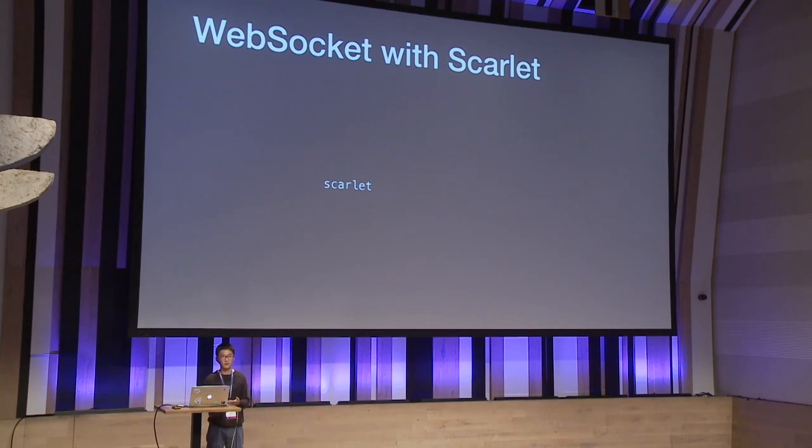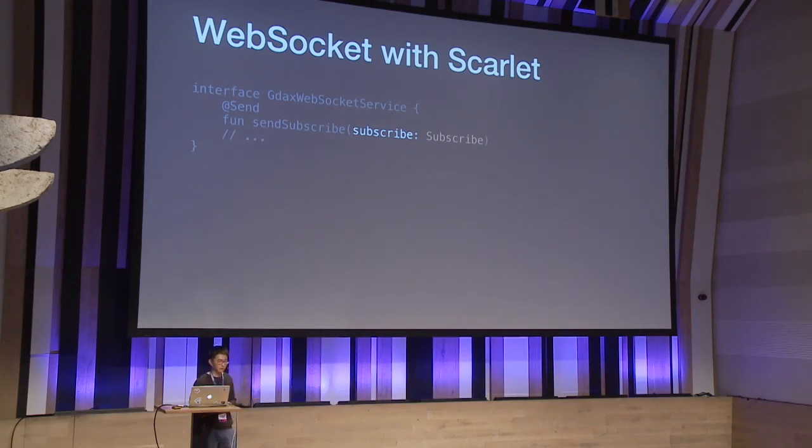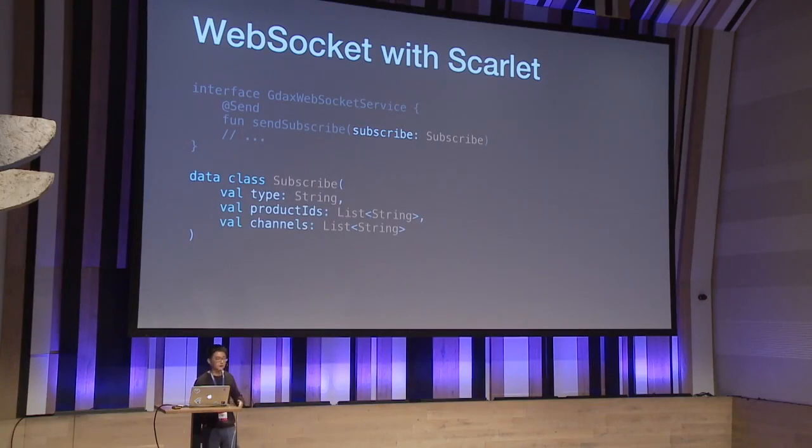Similar to Retrofit, Scarlet also takes an interface and generates an implementation. To send this subscribe message to the server, you will need to declare a method and annotate it with the Send annotation and specify your data type as the only parameter. So the subscribe message looks like this.